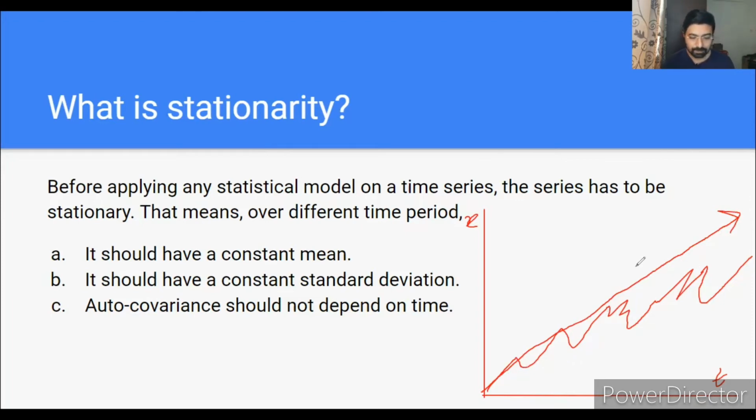If the mean and the standard deviation are varying very highly over time, then you are not removing your ETS components. What should be your goal? You should have this line like this. Let's draw this again.